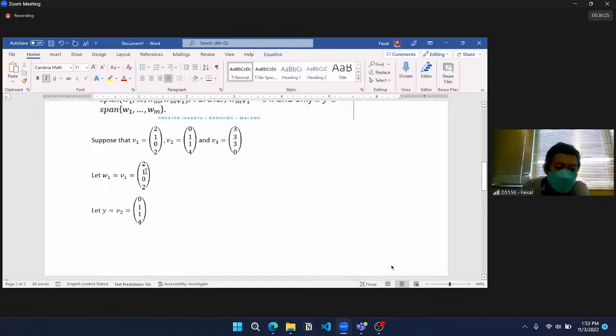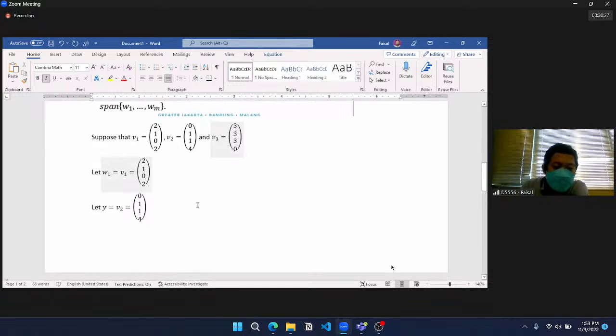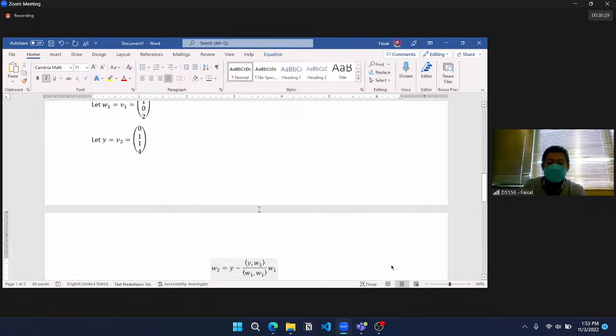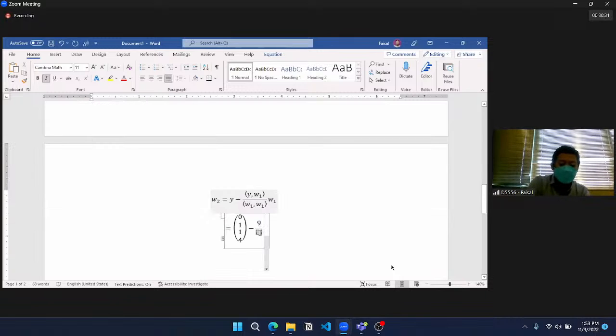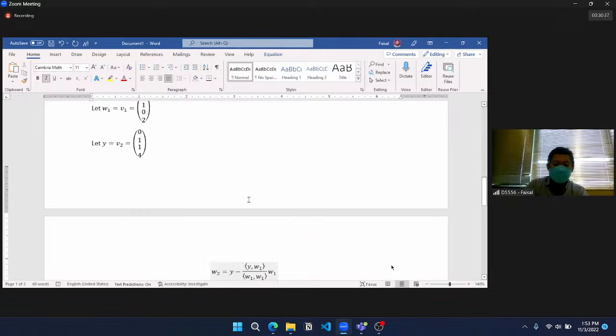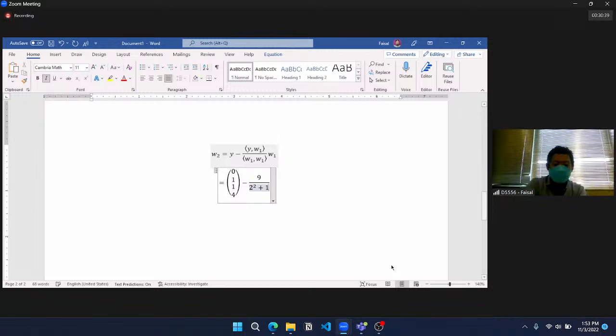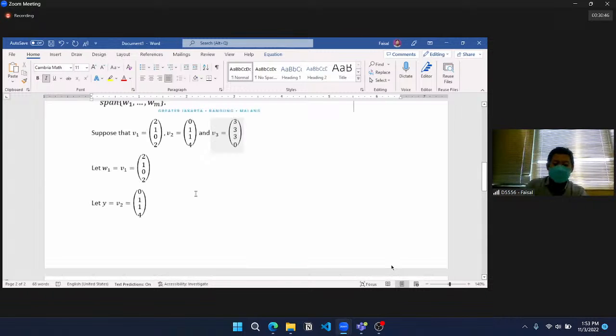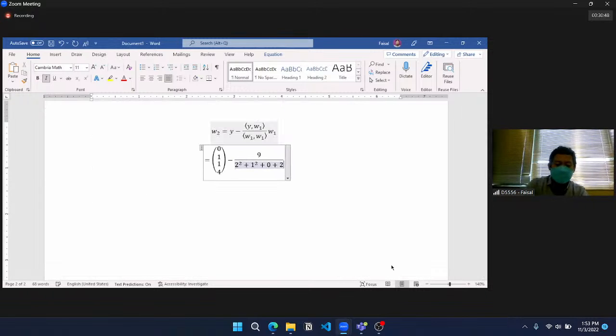W1 is B1, so this is 2 squared plus 2 squared plus 1 squared plus 0 plus 2 squared.